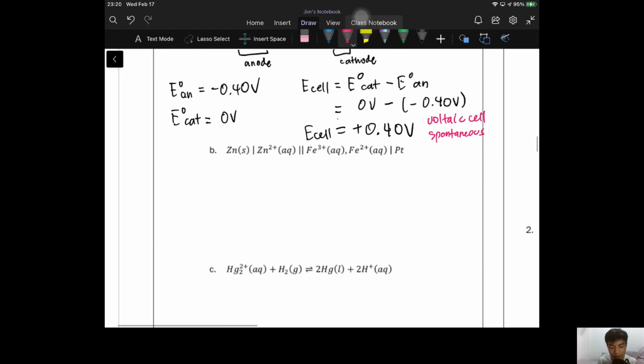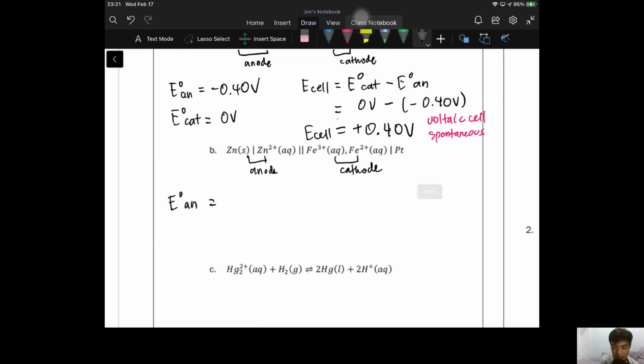Let's try yun nasa baba. Letter B, Zn to Zn2+, double line, Fe3+, Fe2+. Okay? So, syempre, ito yung iyong anode. Ito yung inyong cathode. So, yan. Hanapin nyo yung E naught ng anode.